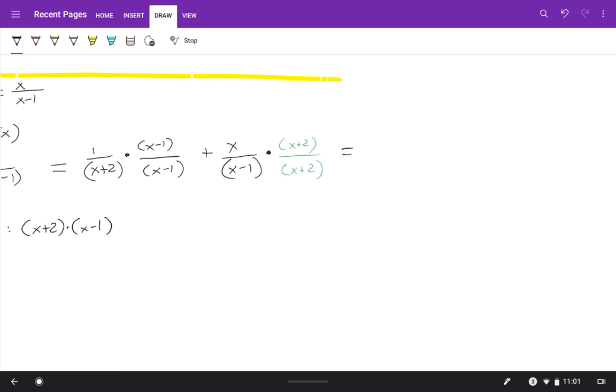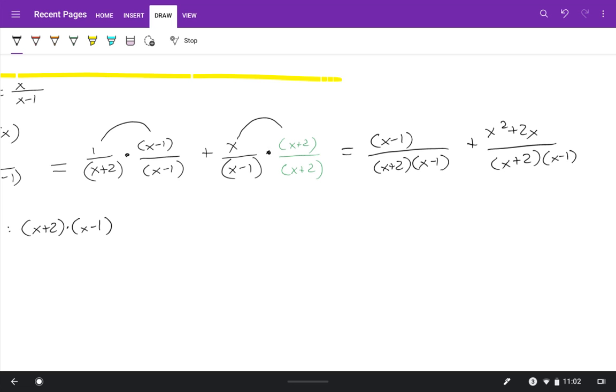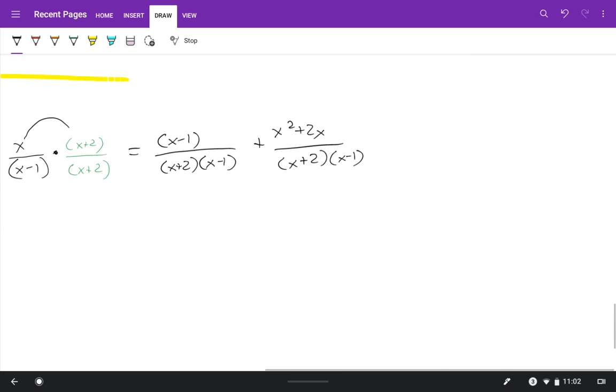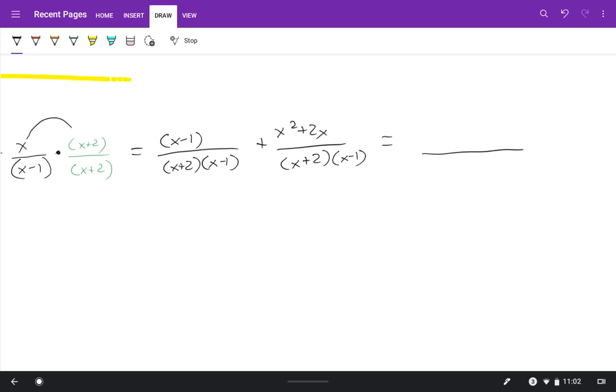Okay, so let's simplify that. So we have 1 times x minus 1, which is just x minus 1 over x plus 2 times x minus 1, plus here I have x times x plus 2. So let's distribute that. That will be x squared plus 2x over x plus 2 times x minus 1. And now what happened here, we have a common denominator.